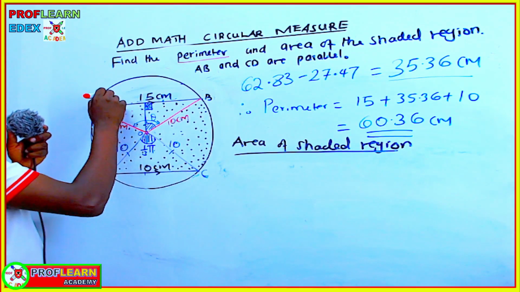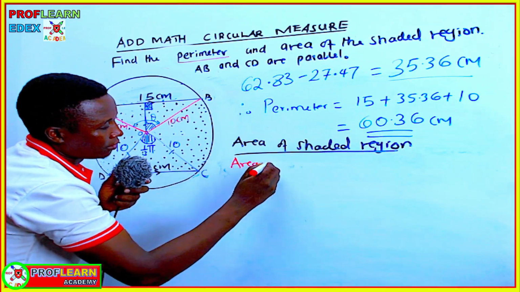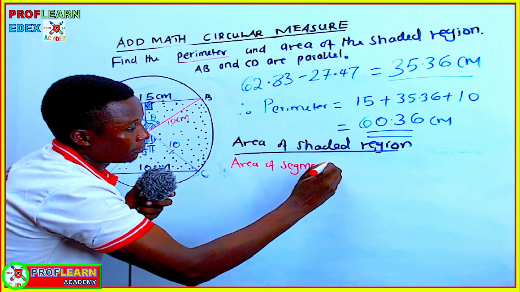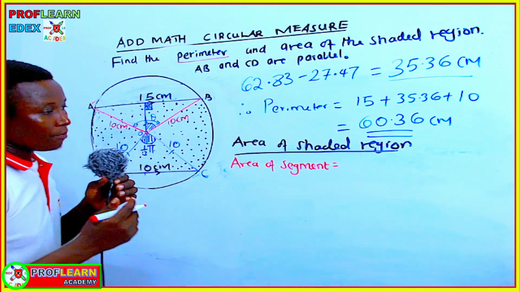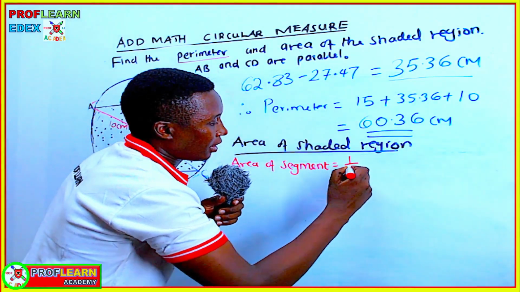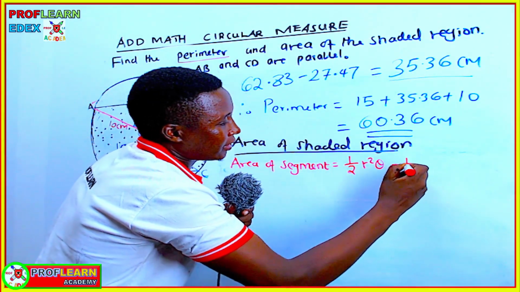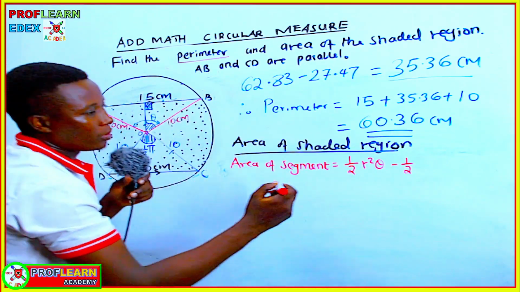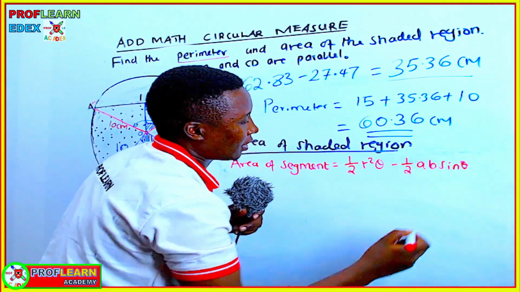Now, to find the area of this white part, we say area of segment, because the white part actually represents the segment, is going to be area of a sector, which is a half r squared theta, minus area of the triangle, which is a half AB sine theta.